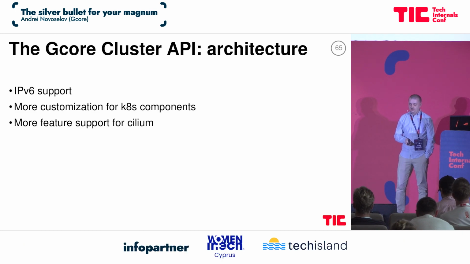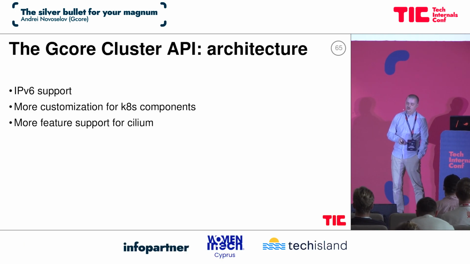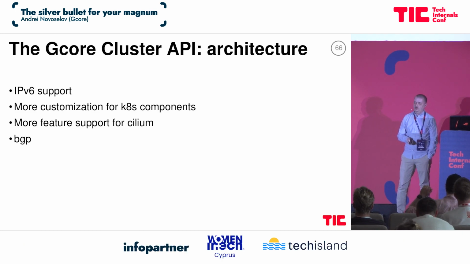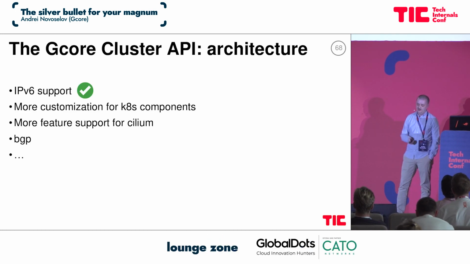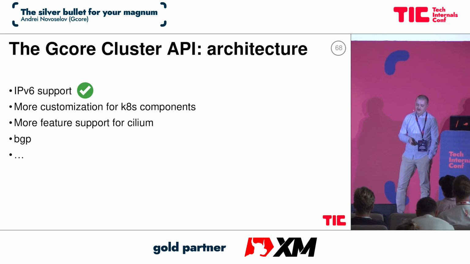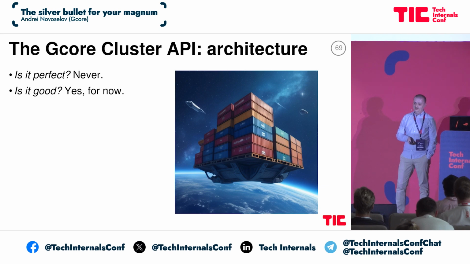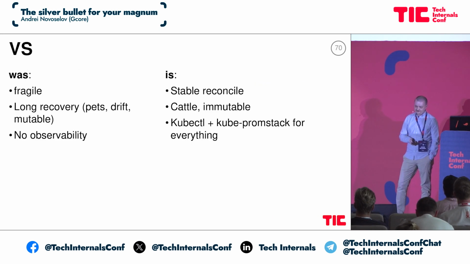What if we want to add more feature support for Cilium? Or we want to get rid of all of load balancers and add just BGP and so on and so forth. And actually we added IPv6 support. So I guess you got the idea. It's never perfect, but it's good for now.